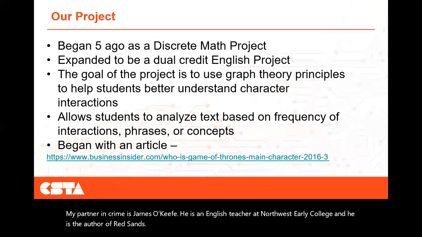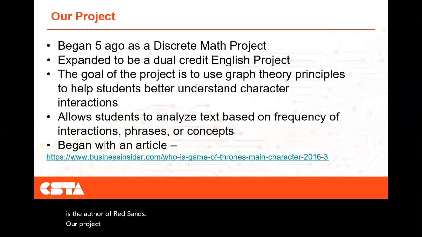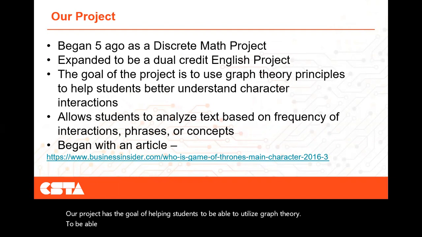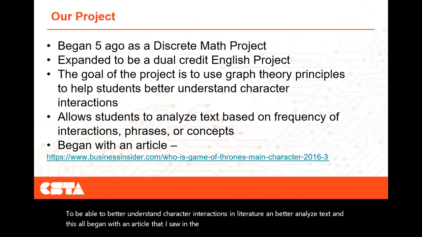Our project has the goal of helping students to be able to utilize graph theory to better understand character interactions in literature and better analyze text. And this all began with an article that I saw in the Business Insider.